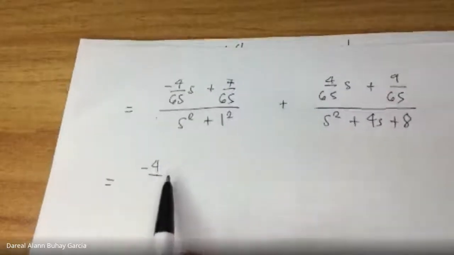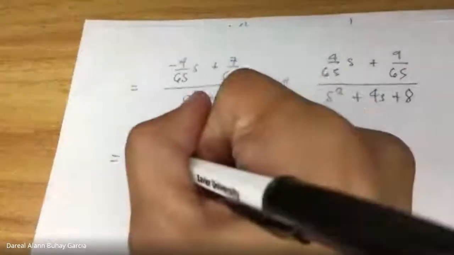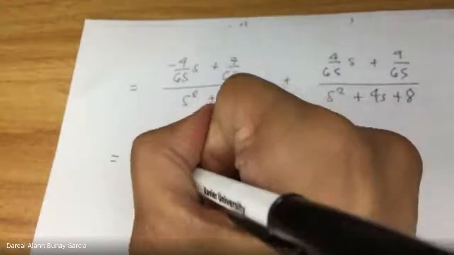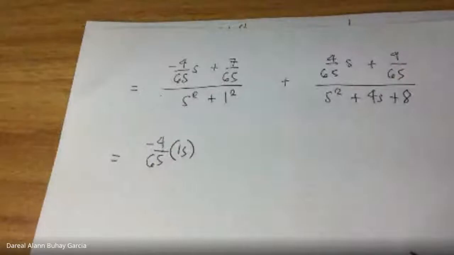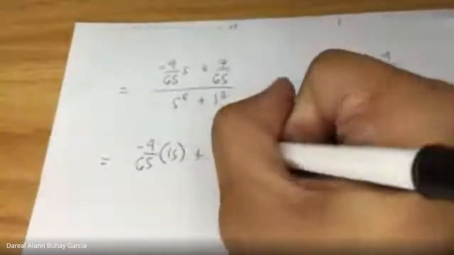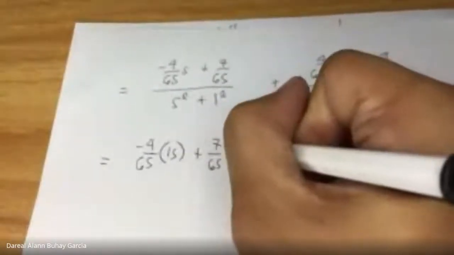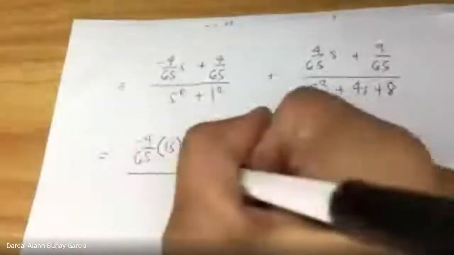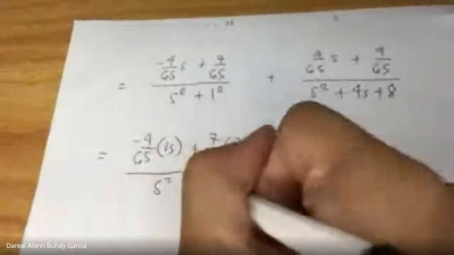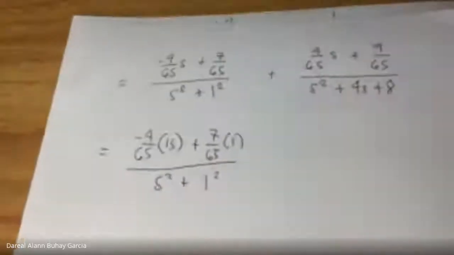So it's as if saying this could be rewritten as negative 4 over 65 times 1S plus 7 over 65 times 1, all over S squared plus 1 squared.